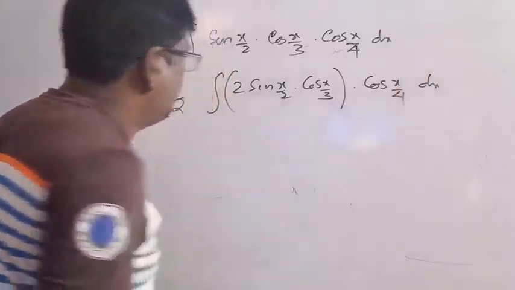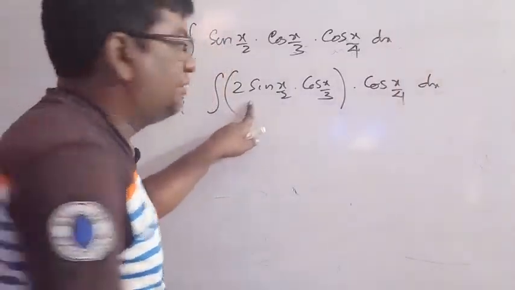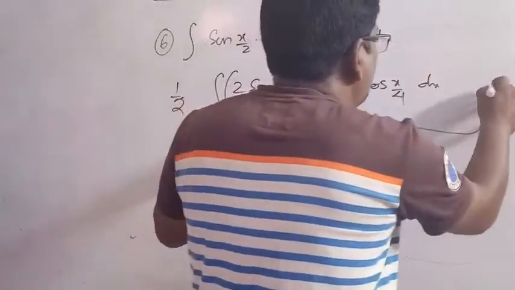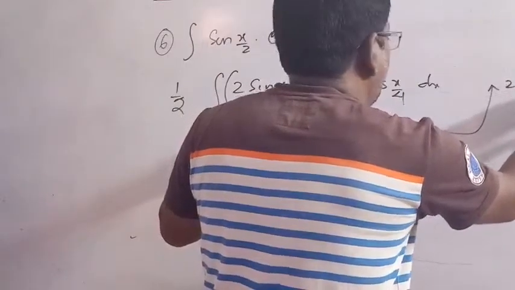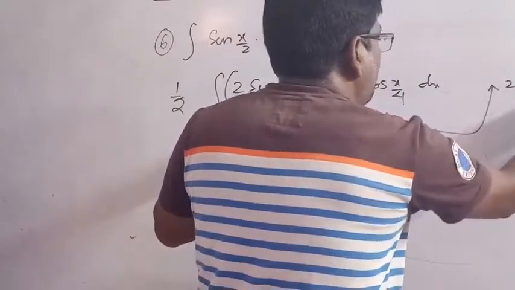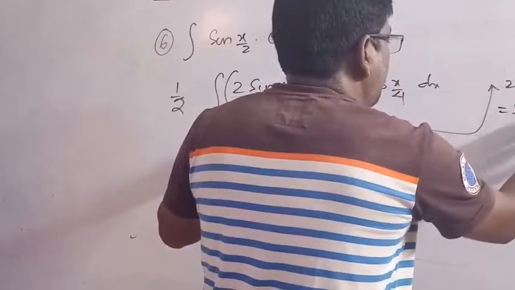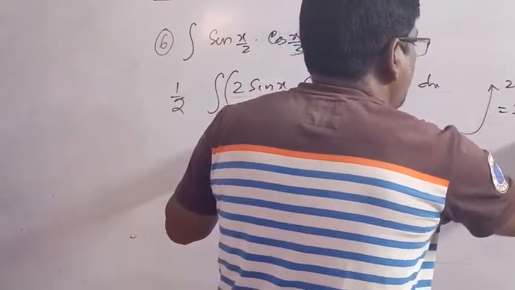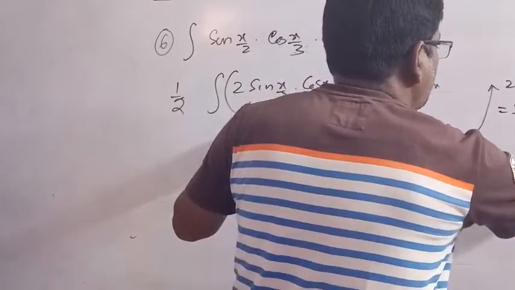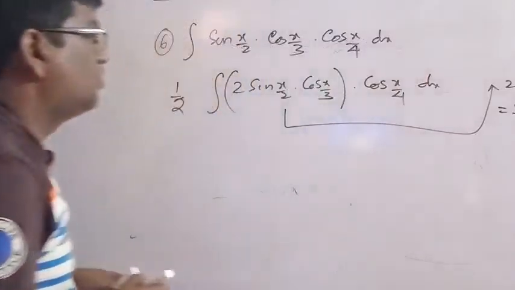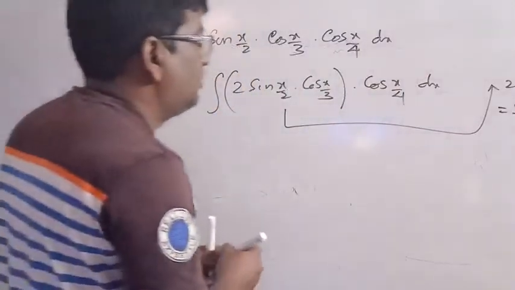Okay, so this formula, 2 sin A cos B. So formula is sin(A plus B) plus sin(A minus B). Use this formula.